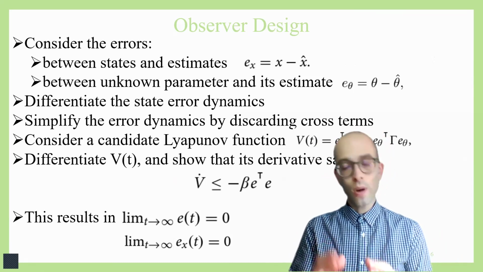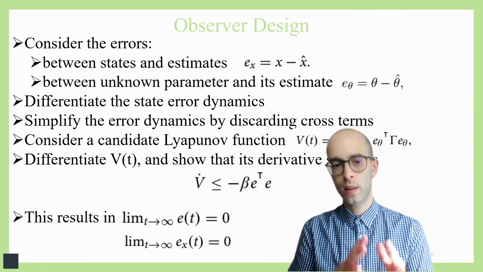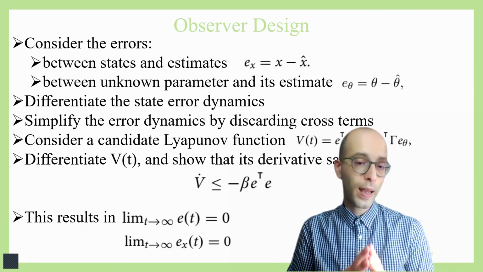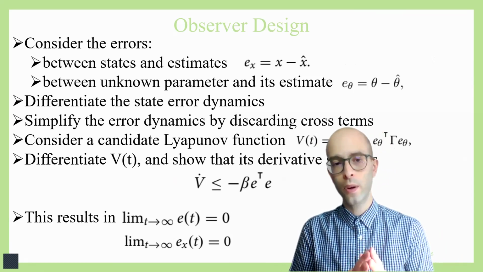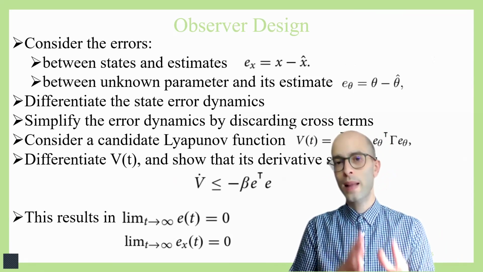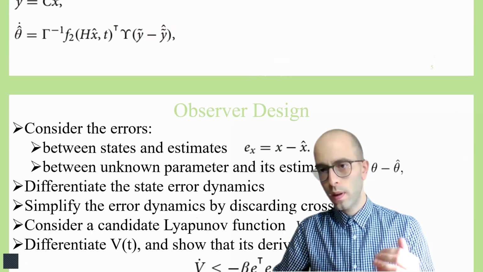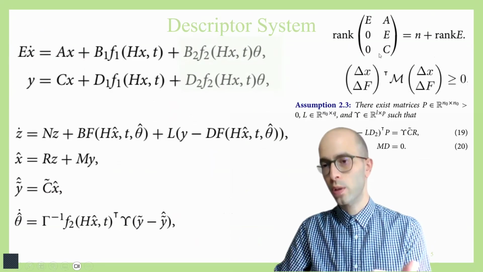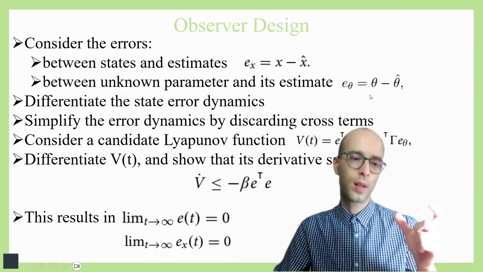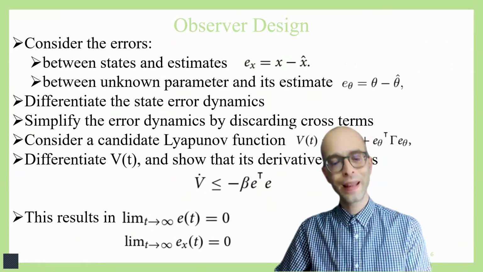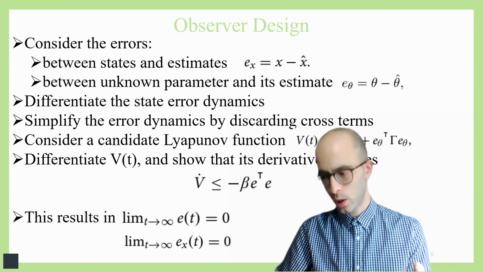In order to show that the derivative of the Lyapunov candidate function is negative definite, we end up with a condition that involves a linear matrix inequality, a so-called LMI. Considering these algebraic conditions and the conditions above, in order for the observer to exist, a specific linear matrix inequality must be satisfied.